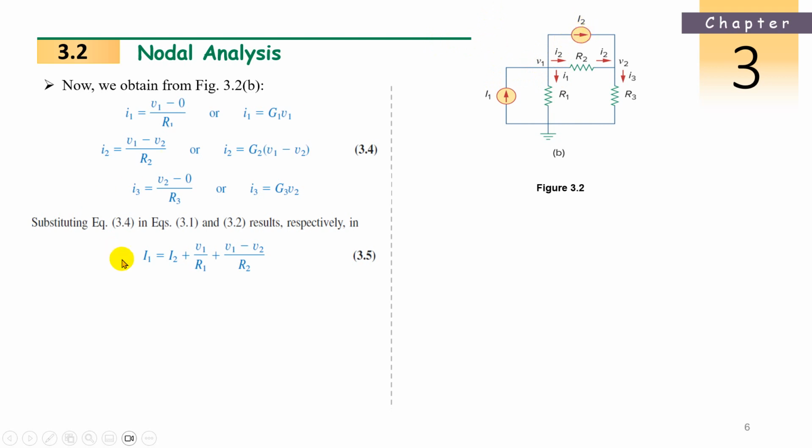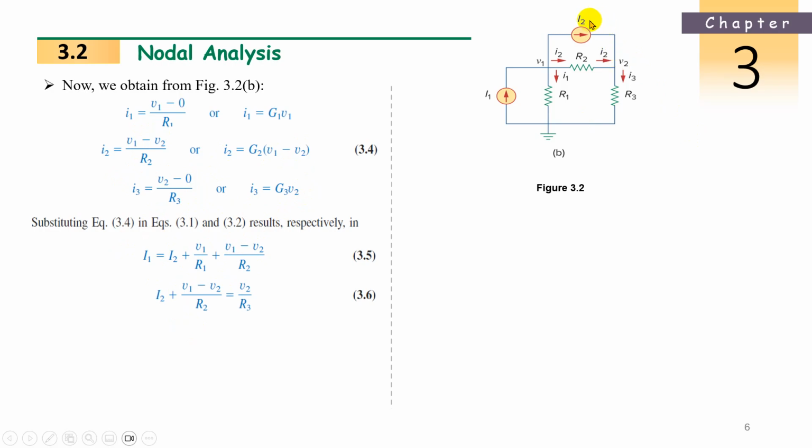What is I1? V1 by R1. What is I2? V1 minus V2 by R2. So we have to rearrange this equation and write in terms of V1 and V2, which is equal to a constant.